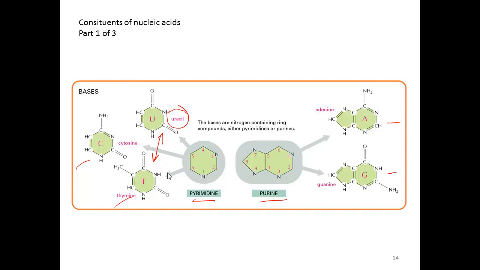Each time you have a base pair in a nucleic acid, you will have one pyrimidine and one purine. The way I remember which is that the longer word pyrimidine refers to the smaller one-ring structure, and the smaller word purine refers to the larger two-ring heterocyclic structure.